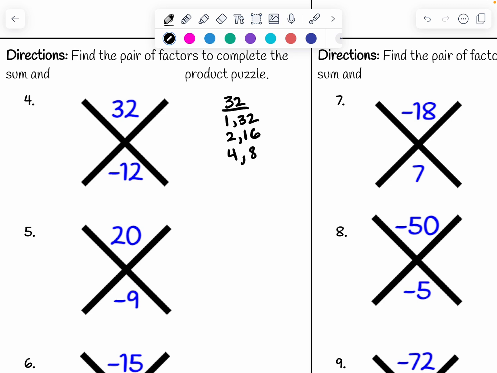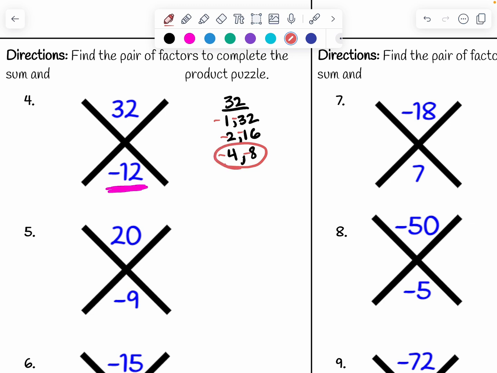So what we have to keep in mind, though, is because this bottom number is negative, when we add numbers together, they have to be negative numbers. So we actually need to keep in mind that all of these numbers are going to be negative numbers when we add them together. So which two would add up to negative 12? Let's go ahead and add in a negative symbol for all of these.